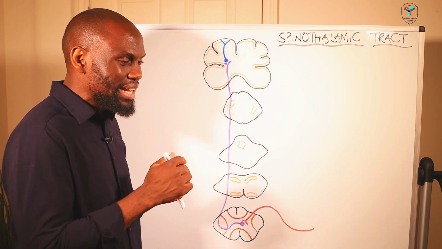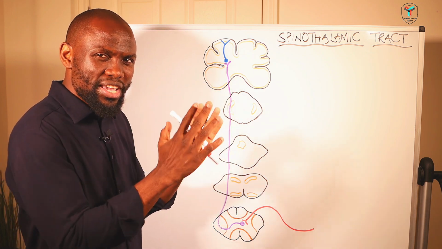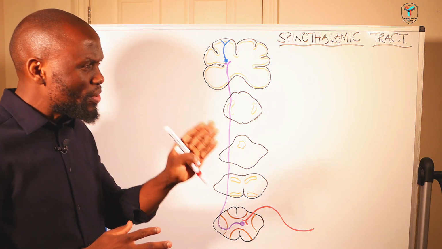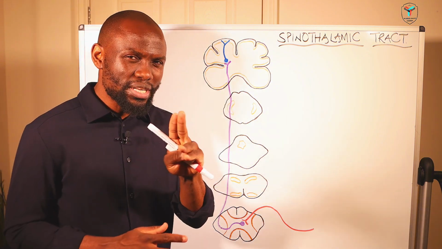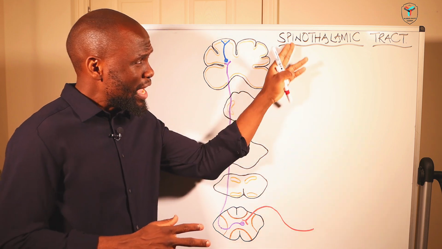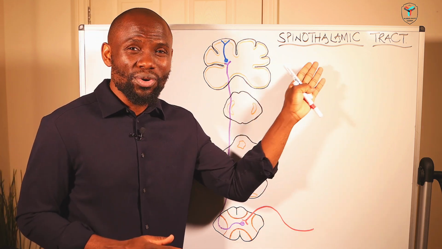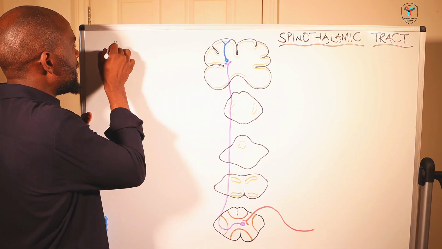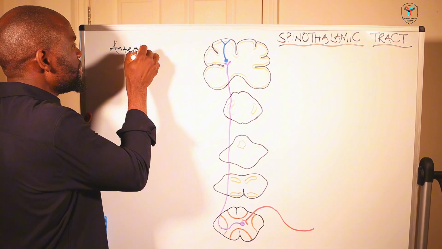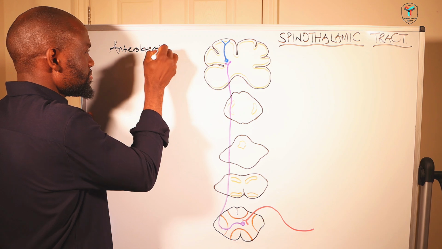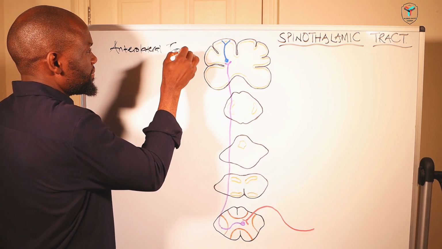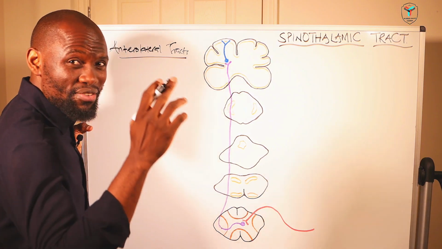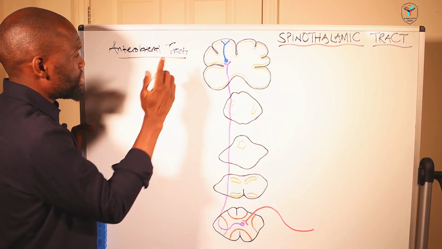Now, the anterolateral system is a combination of about 4 important tracts, and of those 4 important tracts, the 2 tracts that we're going to be discussing are what forms the spinothalamic tract. Okay, so the anterolateral tract system has 4 types of tracts within it.